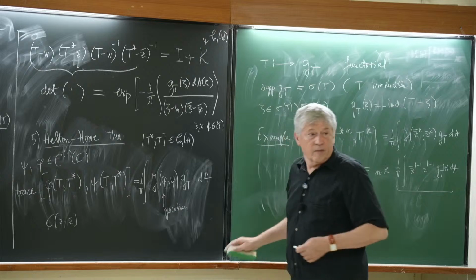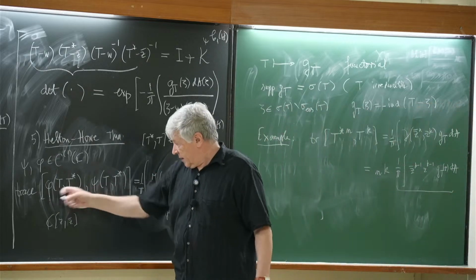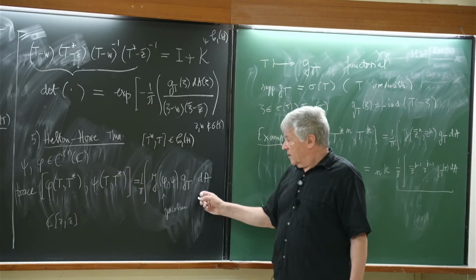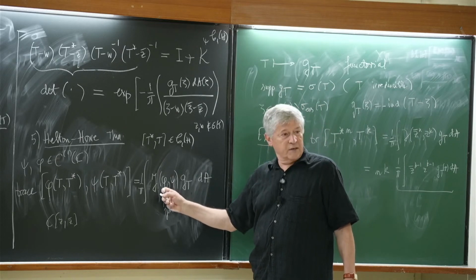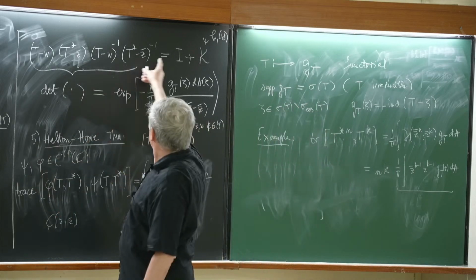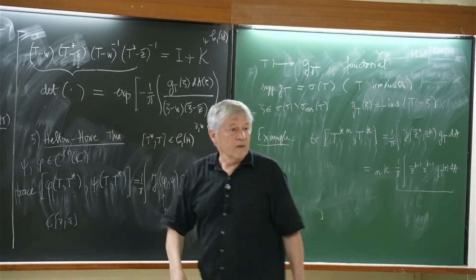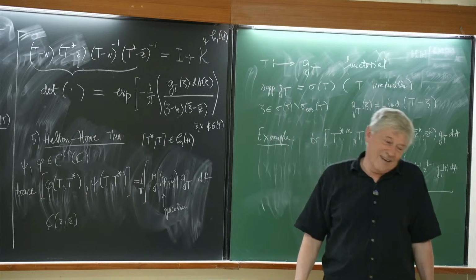One more question, sir. Here this g of t, is it explicitly known or is it just its existence? Here, in the right hand side function, this g of t, what is it? G is this function which appears here, the same function. Good question.